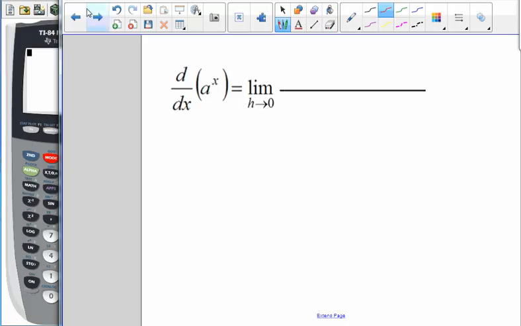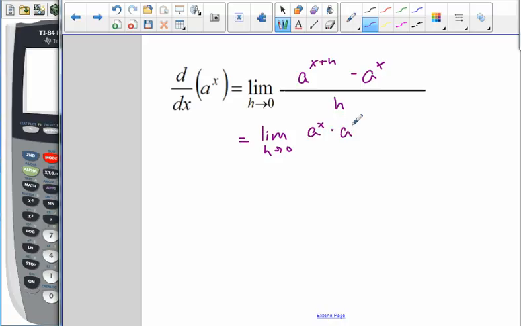All right, so let's go ahead and take the definition of a derivative to figure out what's happening here. So when we take the definition of derivative, first we're going to have a to the x plus h minus a to the x all over h. We're going to then do a few algebraic things with this. First, when we add exponents, that means that it could start out as a multiplication problem.